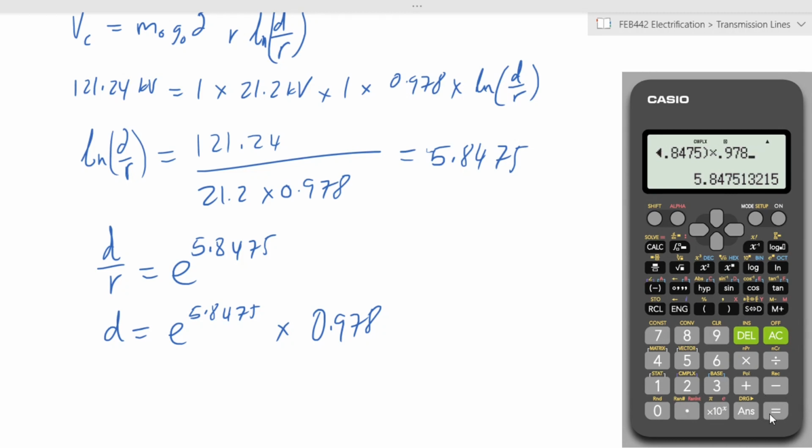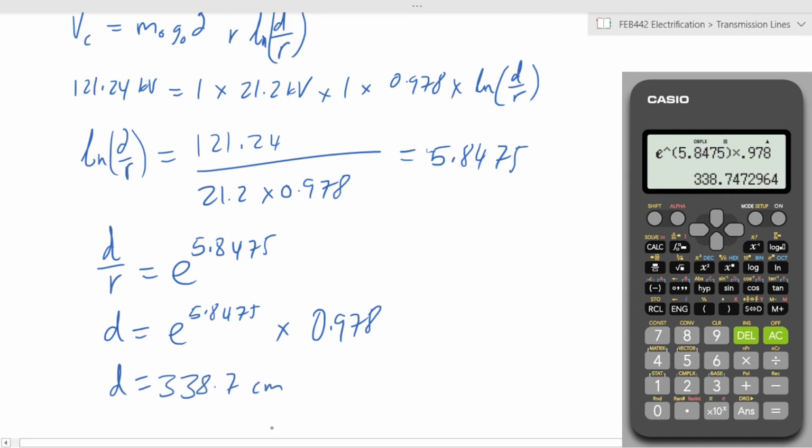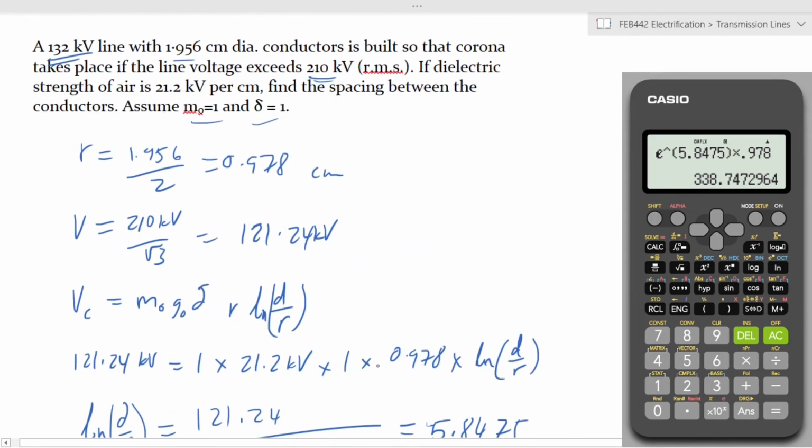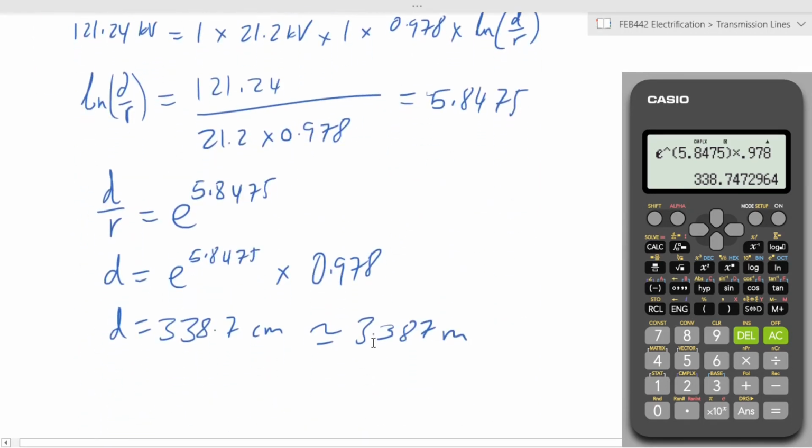It will give us that. So the distance between the two conductors is 338.7 centimeters, so that's roughly 3.387 meters. So if you want to prevent corona taking place, you must distance your cables more than 3 meters apart.